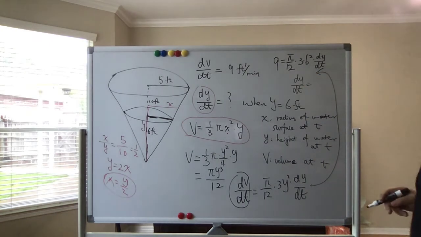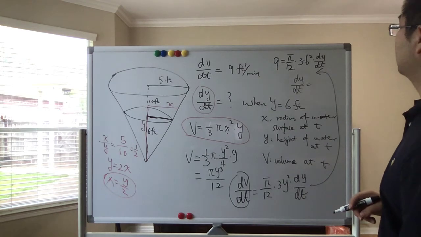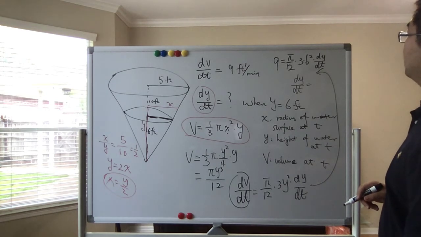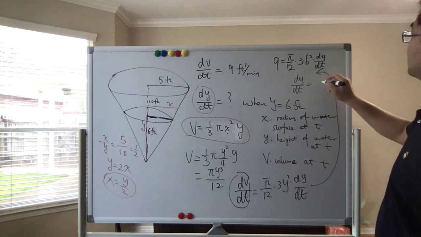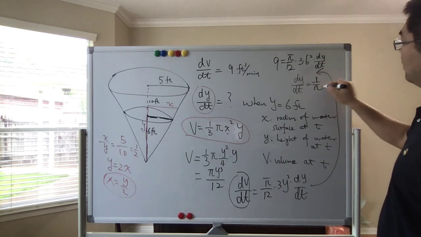So that's going to give you, let's see, interestingly, 1 over pi.